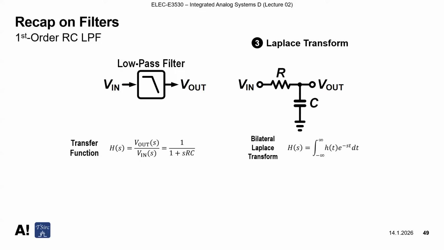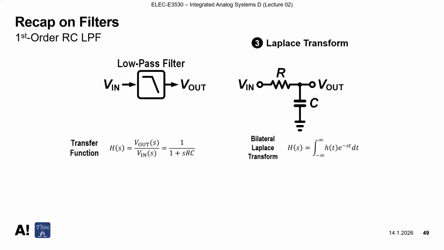So again, a recap on filters. Let's take a look at the Laplace transform. You might recall this equation from when you studied the signals and systems course. This is called the bilateral Laplace transform. Here, bilateral means that we are doing the integral from negative infinity to positive infinity. We have h(t), the impulse response, which is the output when we apply the unit impulse function.